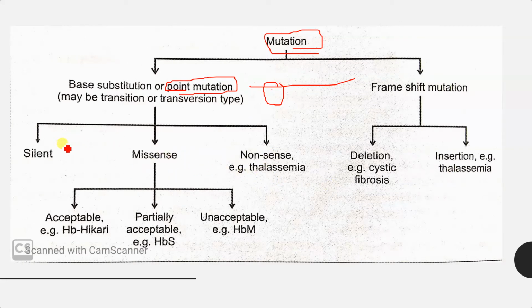In silent mutation, simply speaking, there is a change in the nitrogenous base, but the mRNA and the amino acid to be synthesized remain the same. It is called silent because even though there is a change in the nitrogenous base, you still have the same amino acid sequence.